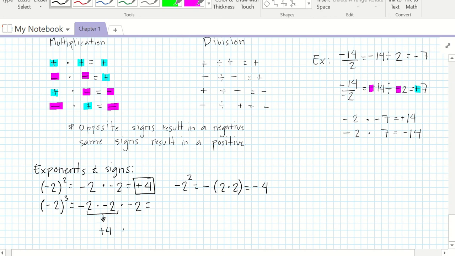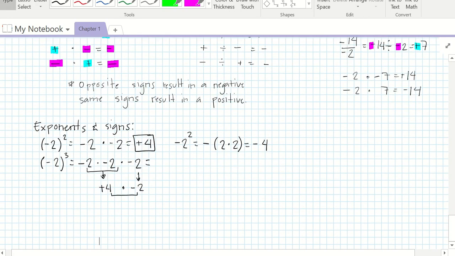But then we're still multiplying by negative 2. And positive 4 times negative 2 is going to give us negative 8. So that means that negative 2 to the third power is negative 8.